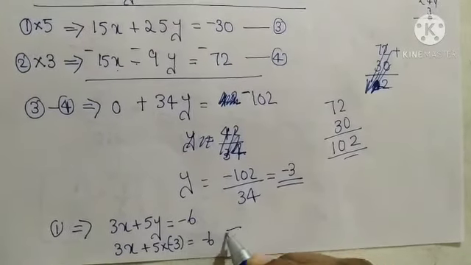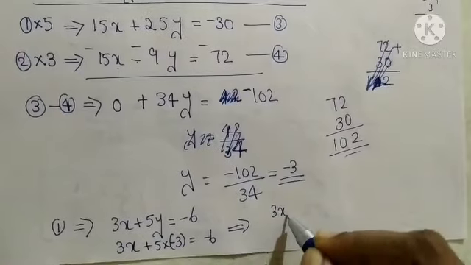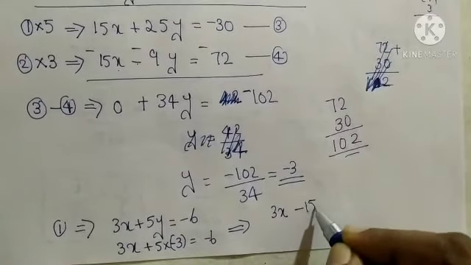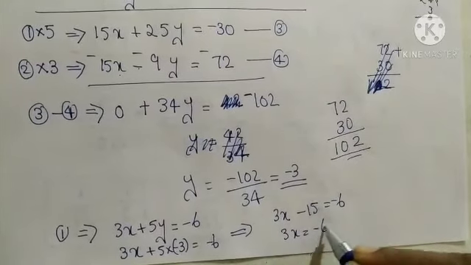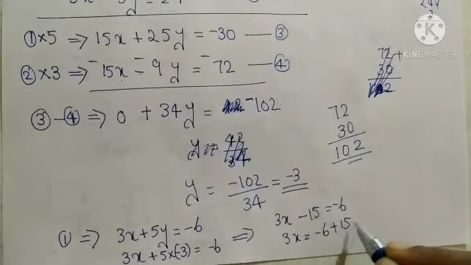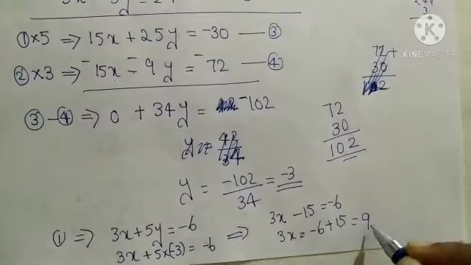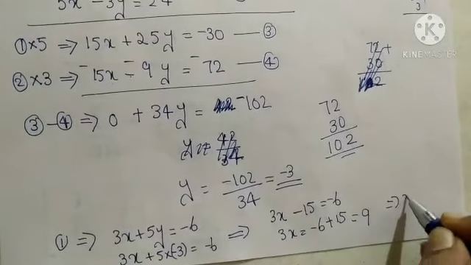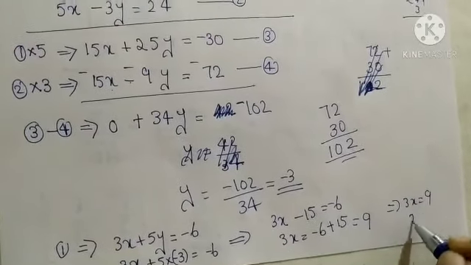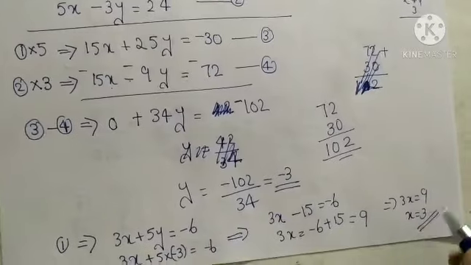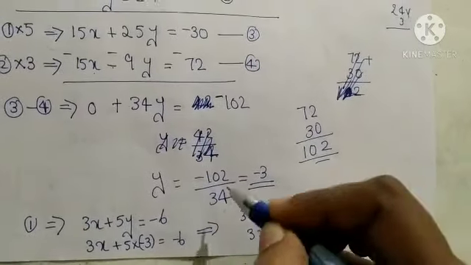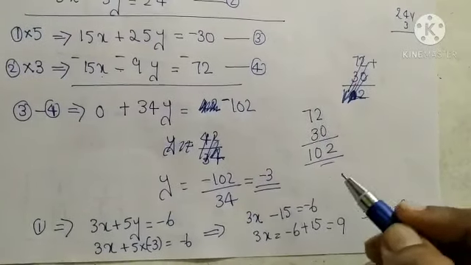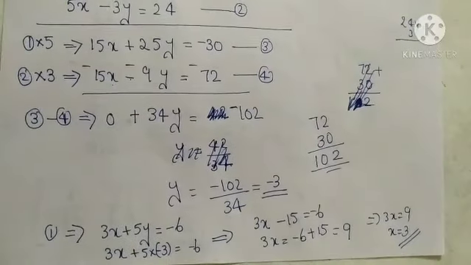So this implies 3x minus 15 equal to minus 6. 3x equal to minus 6 plus 15 equal to 9. So from this we get 3x equal to 9, x equal to 3. So the values of x and y are x equal to 3 and y equal to minus 3. Okay, I hope you understood this question.